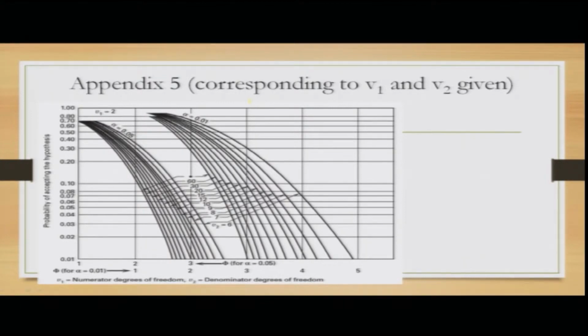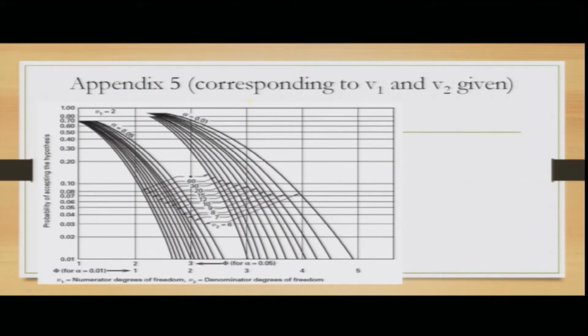If we have the values calculated, we plot capital phi for values of alpha, and along the y axis you have the probability of accepting the hypothesis. It's not exactly an OC curve, but it resembles the OC curve in different aspects. So, we have different values of alpha.